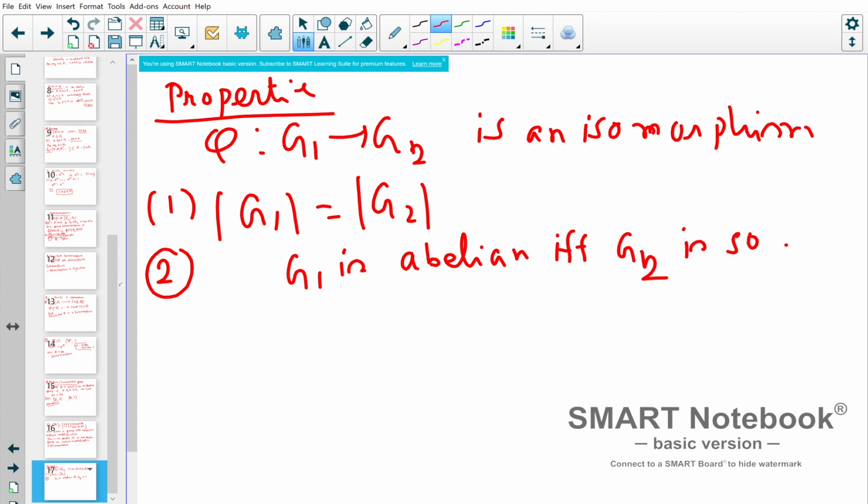Okay, and then many such properties are satisfied. For example, I did not define what is an order of an element. They are also similar. There are many properties. They are the same.